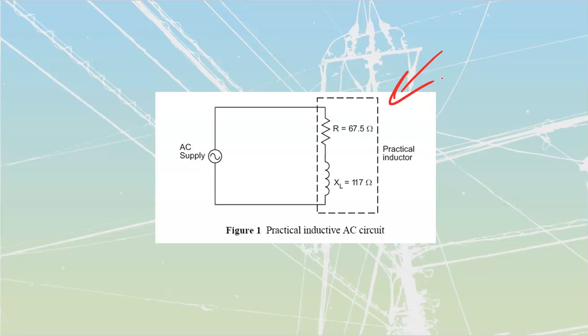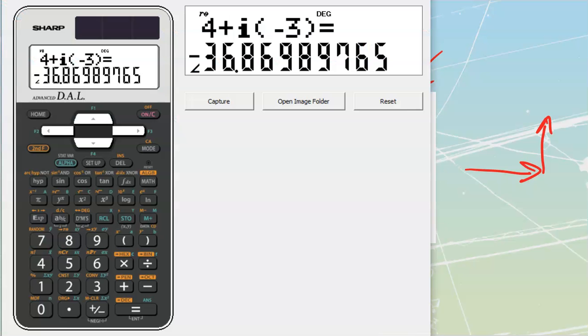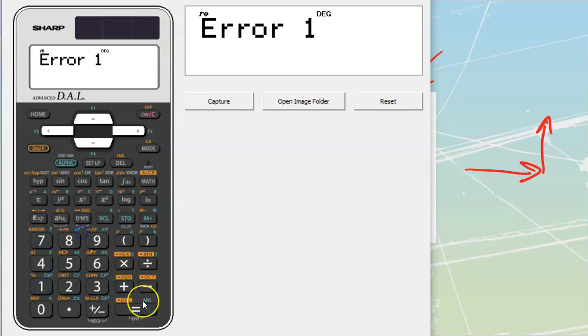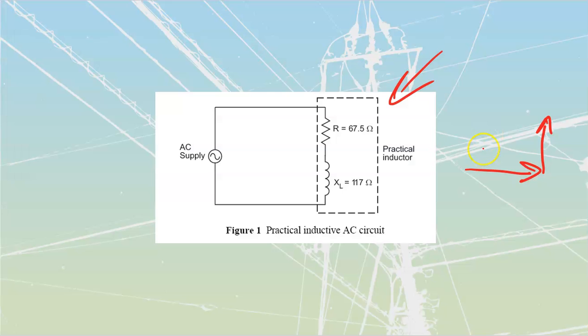In fact, if I want to find the Z, I could take my XL and my R, and I could just add them together. Remember how we did this before? We said we'll treat our XL triangles like they're going up. So I'm just going to take 67.5 and 117. 67.5, I'm in polar mode, plus j117, which gives me an error over here. What did I punch in wrong there?